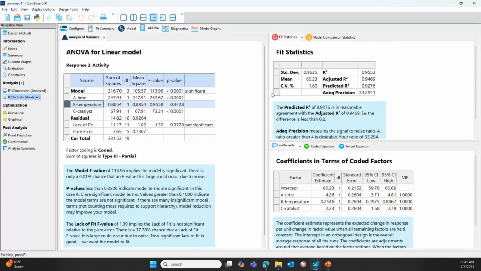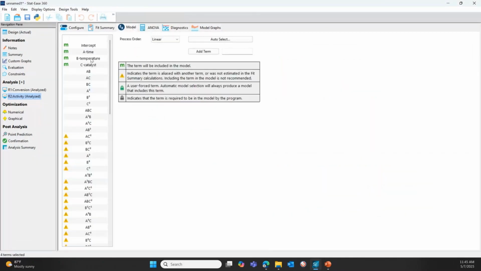Okay. If I look at the predicted R squared at 0.9276, that's my best read on how good this predictive model is going to be for future cases, 0.9276. So let's just kind of keep that number in mind. What I'm going to do is go back to the model and take out B. I'm going to eliminate temperature as a predictor.